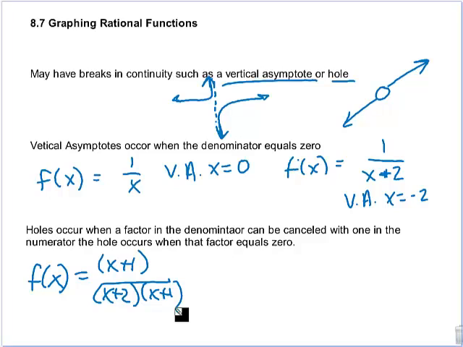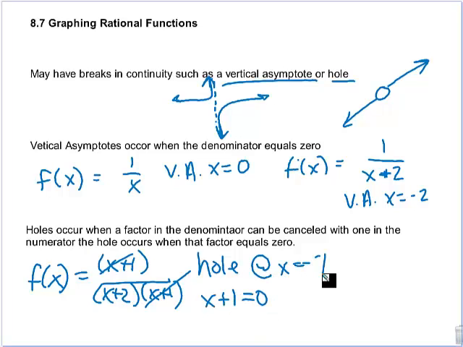And when you look, you ask, does anything cancel? The x plus 1's cancel. So because these cancel, that's where our hole is going to be. So this would tell us we have a hole at what value would make x plus 1 equal to 0? Yeah, so the hole would happen at x equals negative 1.